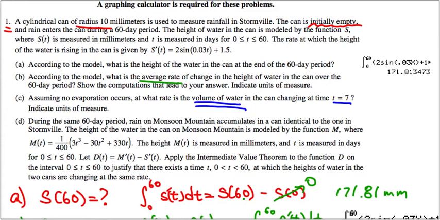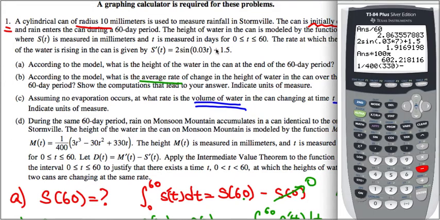So when t is equal to 0, the sine value will also be equal to 0. So the only thing that's left is 1.5. Then we get negative 0.675.